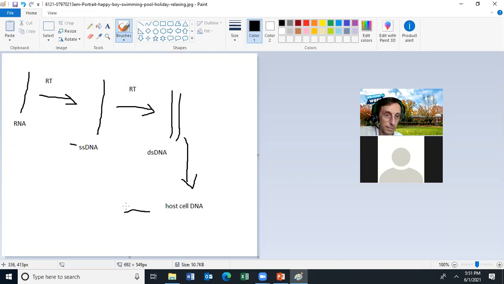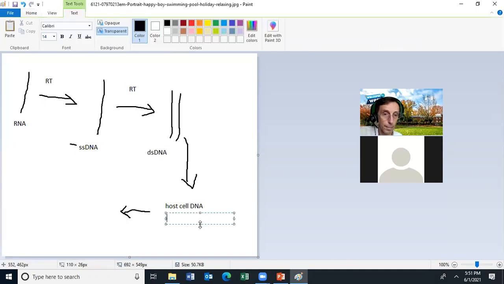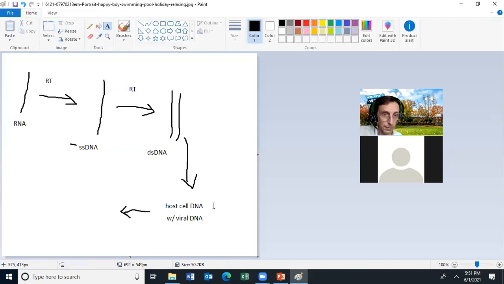And it can replicate RNA from the viral DNA. Host cell DNA with viral DNA, meaning they're integrated together, and the viral DNA becomes a part of the chromosome of one of our cells.